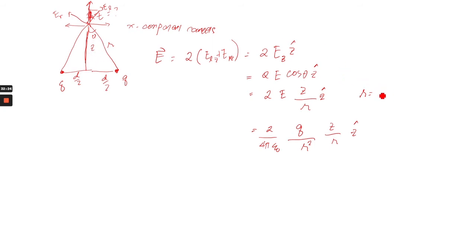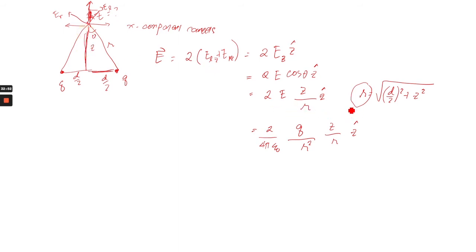So that's the square root of (d over 2) squared plus z squared. I hope again it's clear. This one is by the Pythagorean theorem, this one and this one z.